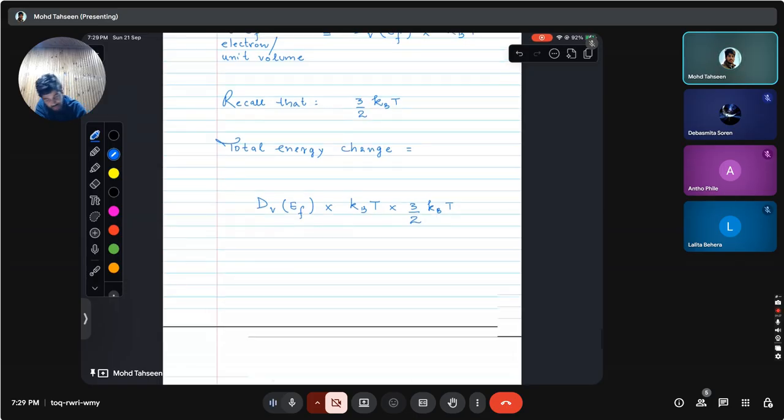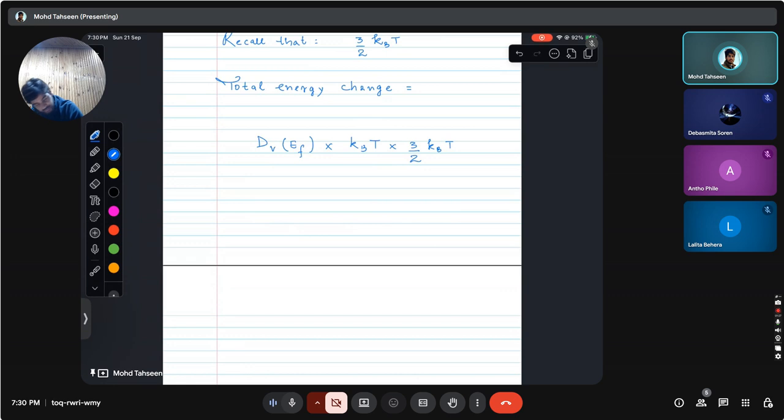So if we evaluate this, let me call it E total, some total energy change. First I'll write the expression for dV by dEF, so it will be 3 by 2 NF by EF.